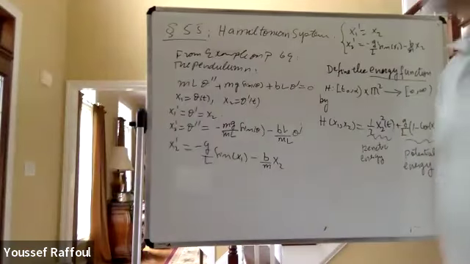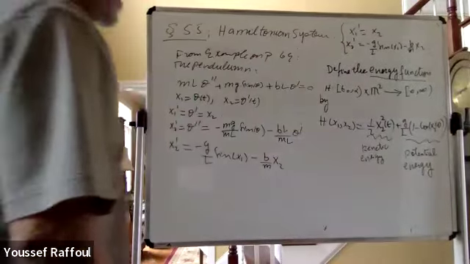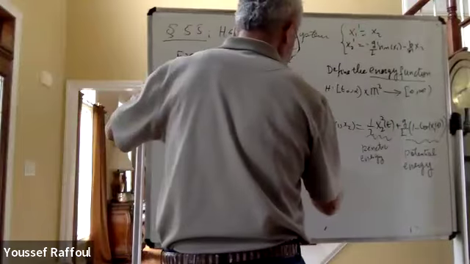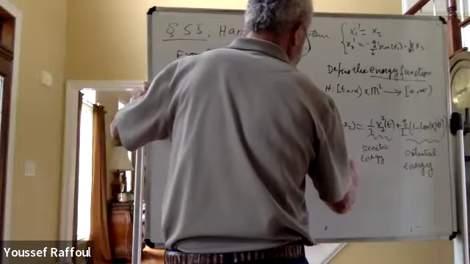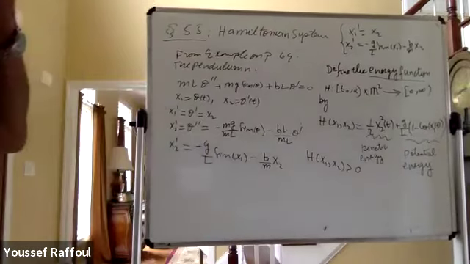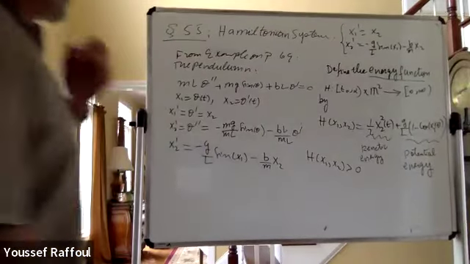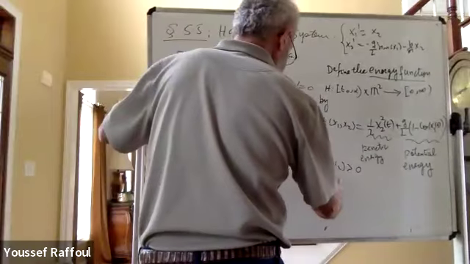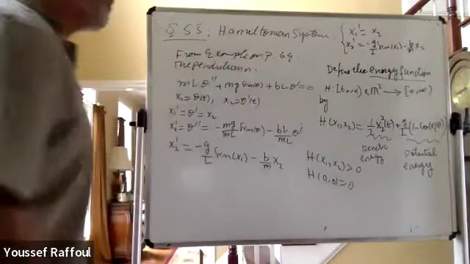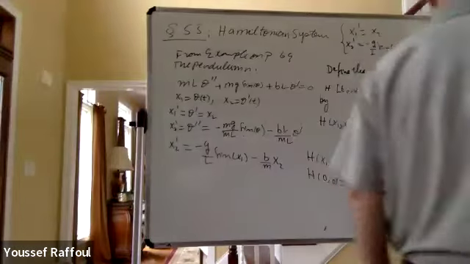So let's evaluate this function along the solution and see what happens. You see, this function is positive. So H of x1, x2 is positive. And H of 0, 0, if you notice, is equal to 0. Why is it positive?